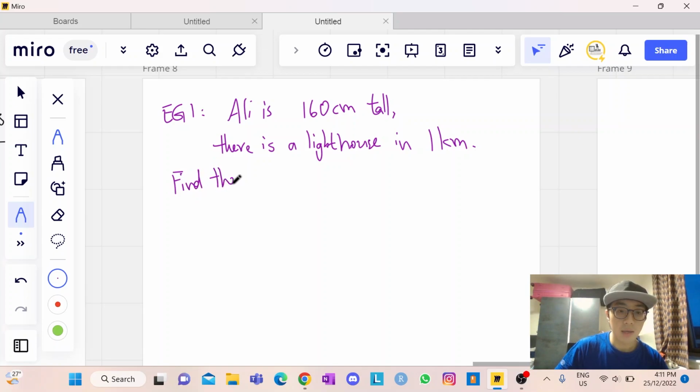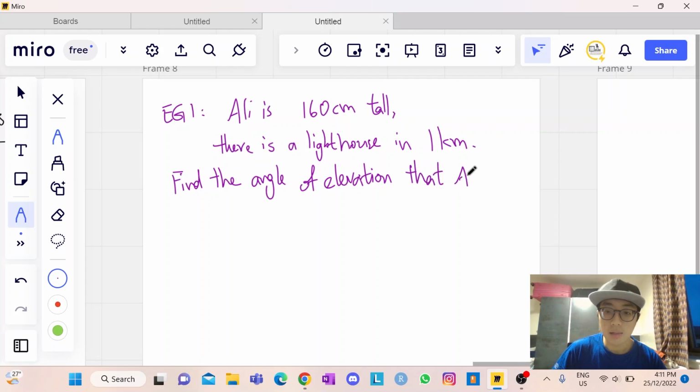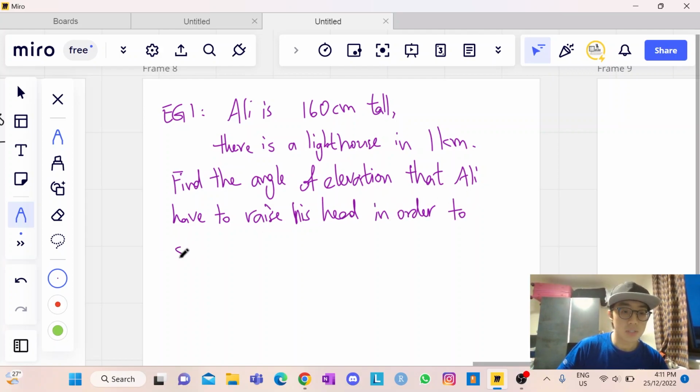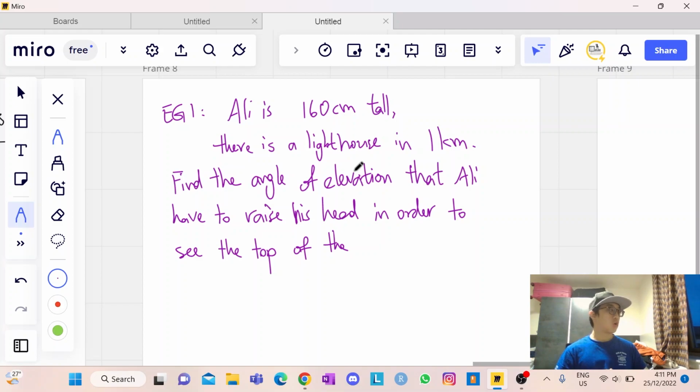Find the angle of elevation that Ali has to raise his head in order to see the top of the, say, 800 meters lighthouse.